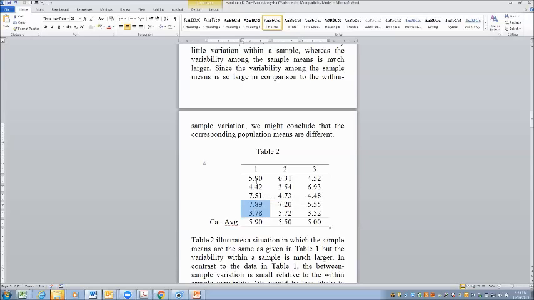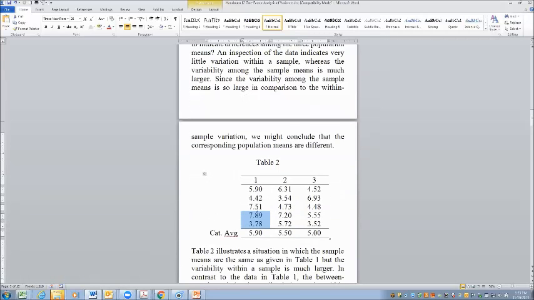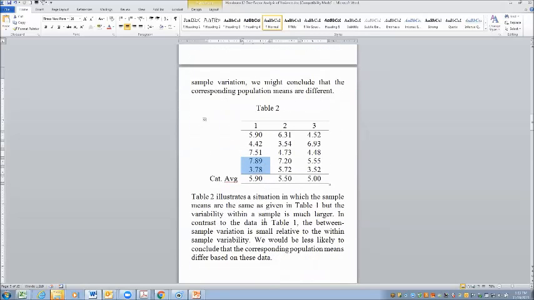The first example has a very small within variability compared to the between variability. Here, my within variability is large compared to my between variability, and therefore we cannot distinguish between them. So this is like the first dart picture that we showed, where everything was scattered all over the board.